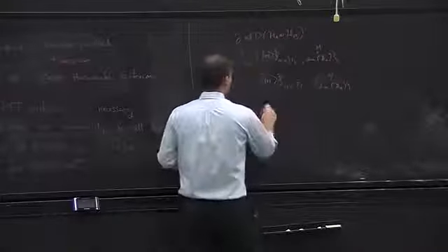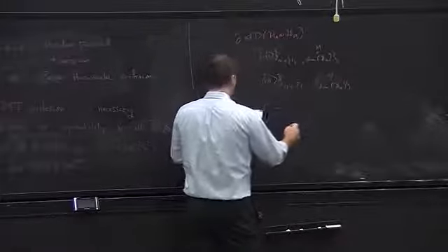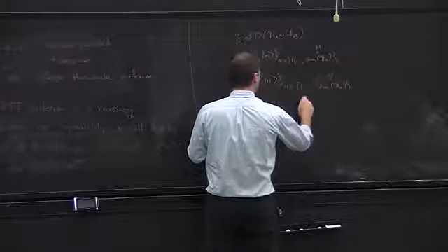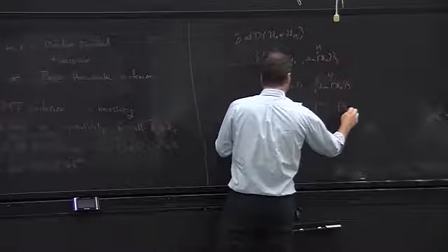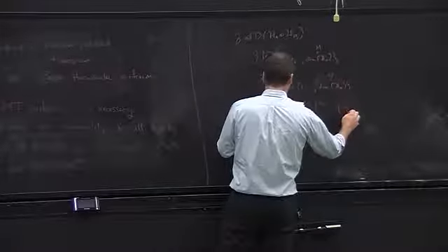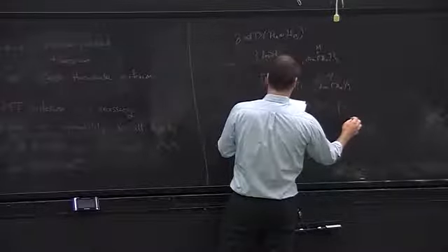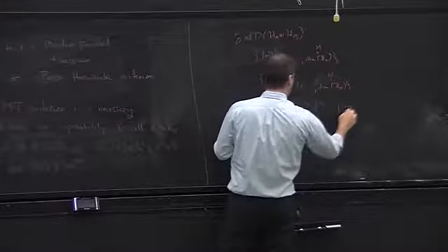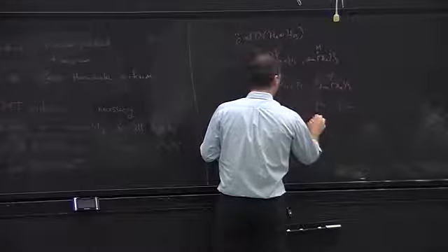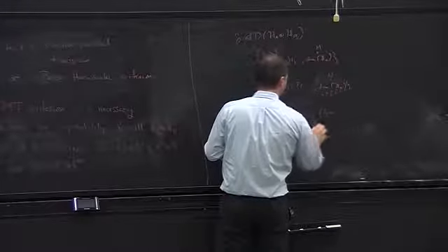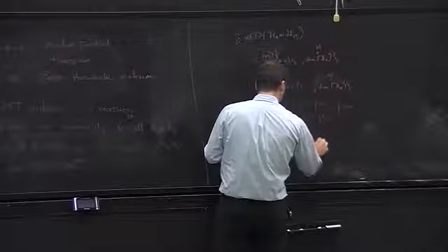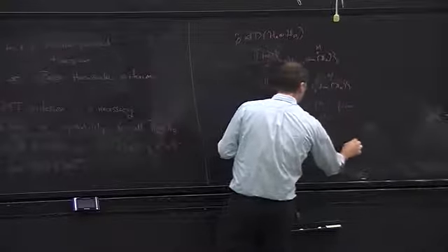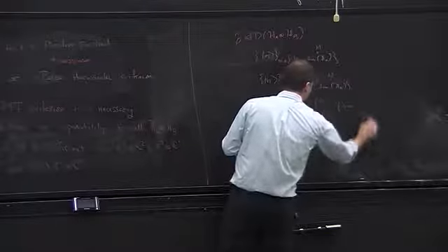And then rho admits a matrix representation of the form rho 1,1, rho 1,2, rho 1,M, rho 2,1, rho 2,2, and so on, down to rho M1, rho MM.